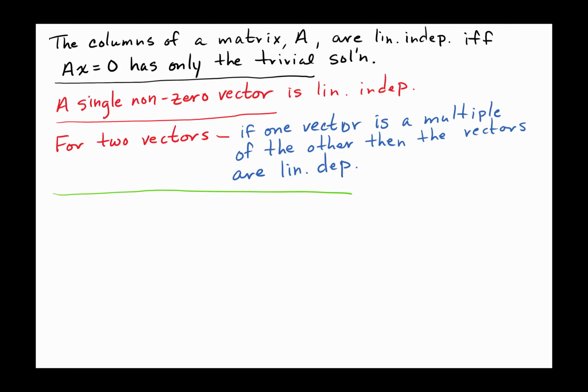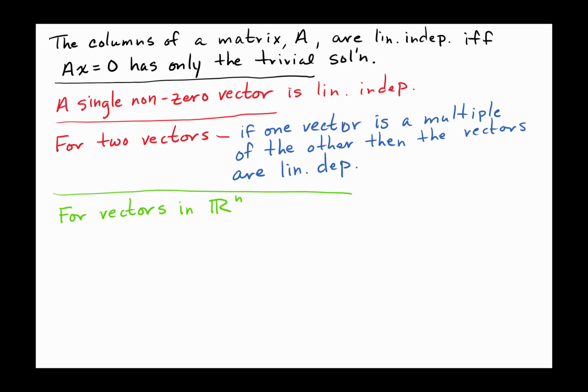And then finally, the case for vectors in Rn. Let's pick a space, say R3.